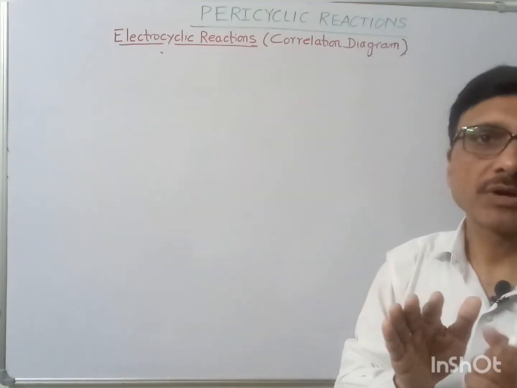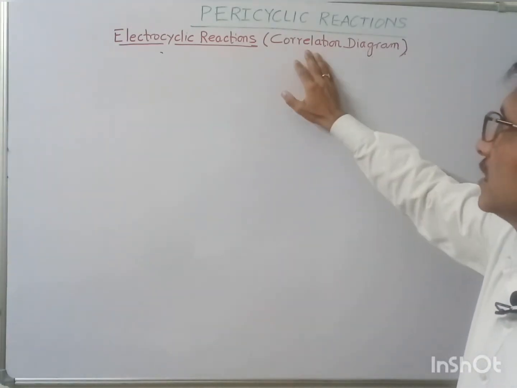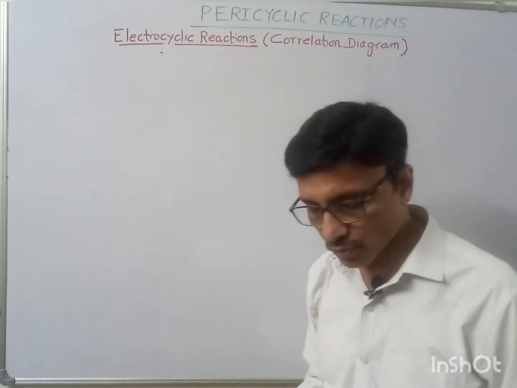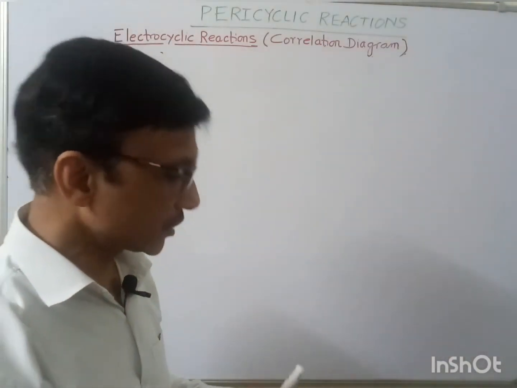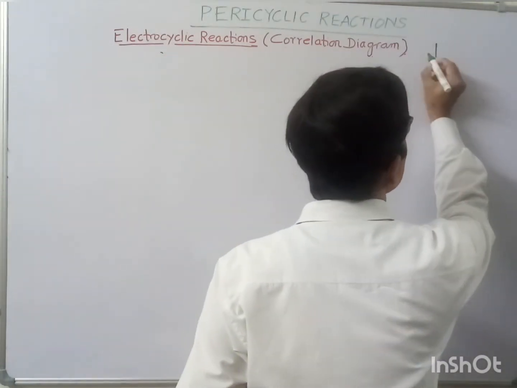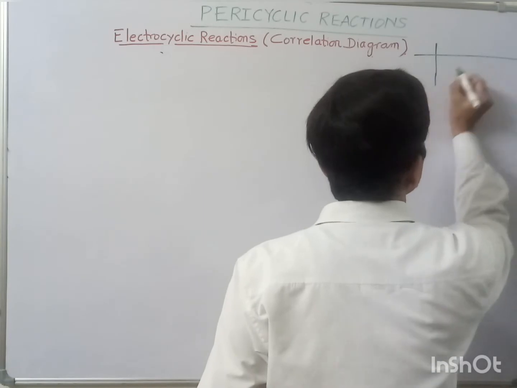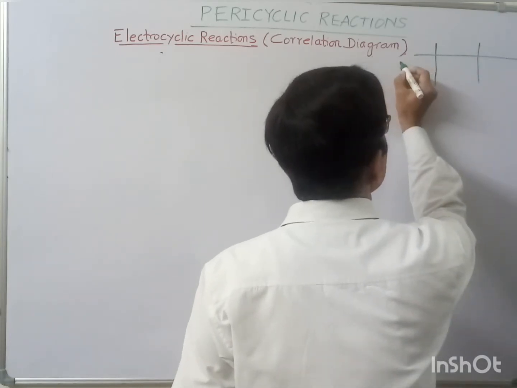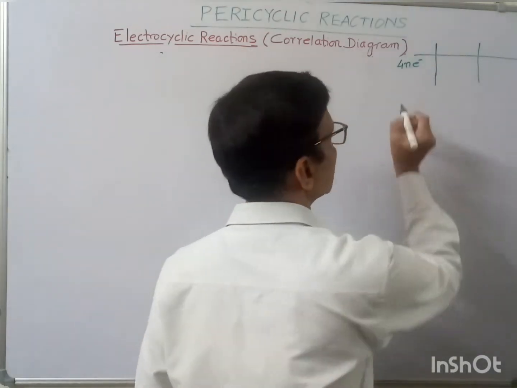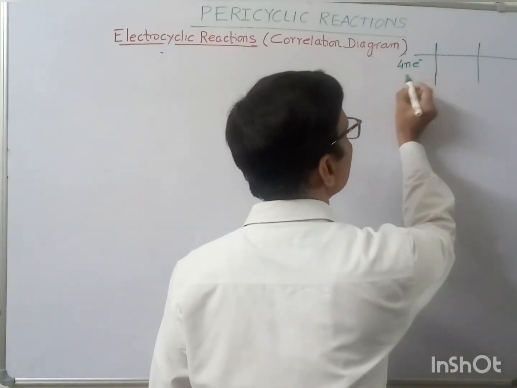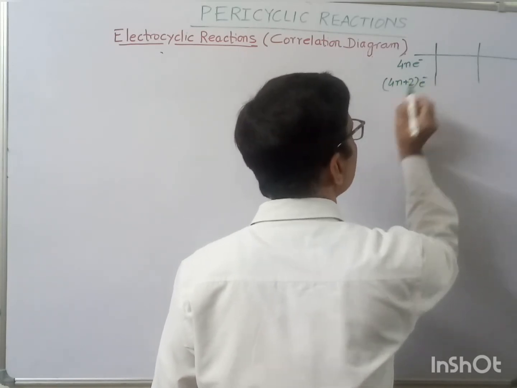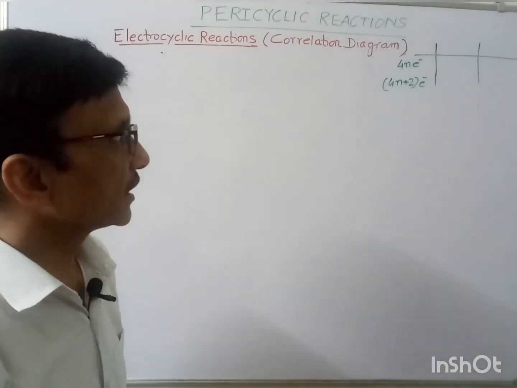In the orbital symmetry correlation method, we draw the correlation diagram to analyze the electrocyclic reactions. So what was the selection rule for the electrocyclic reaction which we have to analyze? This is the selection rule for electrocyclic reaction. We usually study two types of systems in pericyclic chemistry: 4n plus 2 electron systems and 4n electron systems.